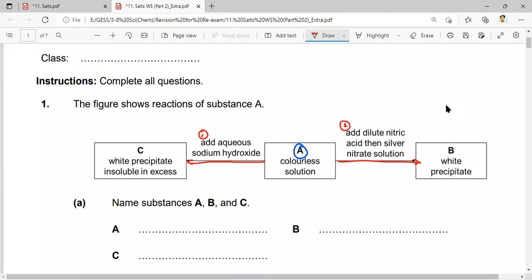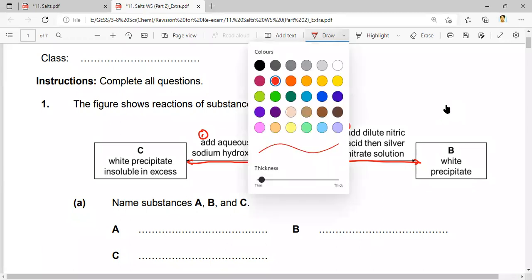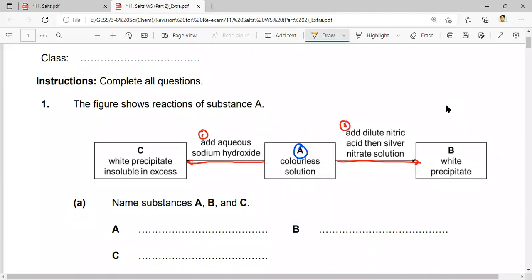So let's do it step by step. Let's look at one first. A adds sodium hydroxide, I get white precipitate, insoluble in excess. So first thing, you need to know what is happening at the step. When I add aqueous sodium hydroxide, you say, sure, this is QA itself. I will either test for cation or I will test for anion.